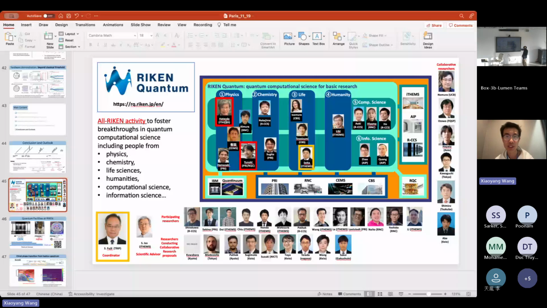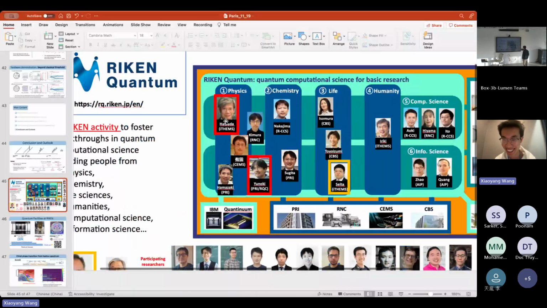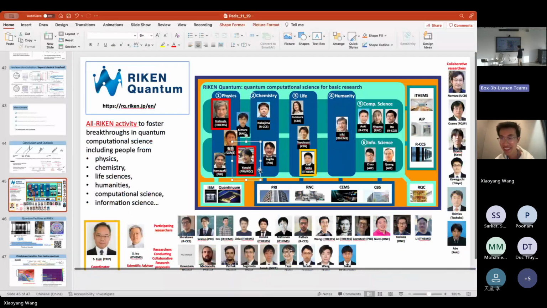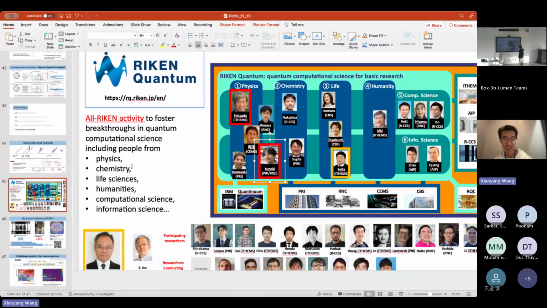If you are interested in RIKEN Quantum, you can send an email to them. You can search for RIKEN Quantum on the website and find their names. All right, thank you.